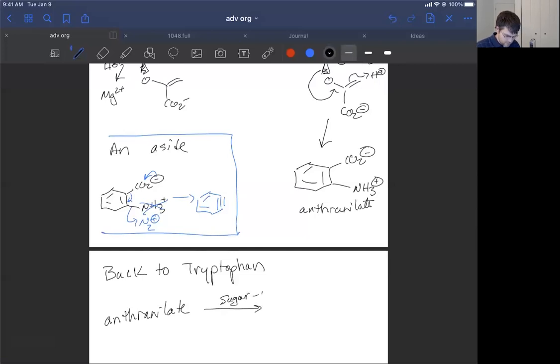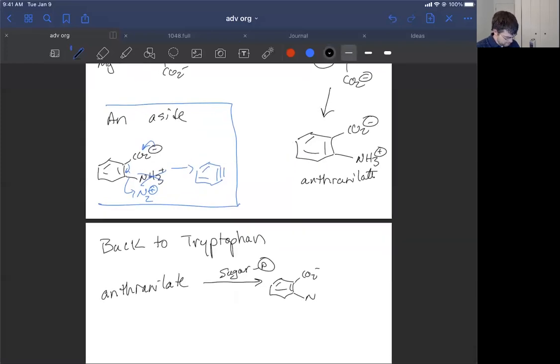I'm just going to write sugar phosphate here, because I don't always have the energy to draw all of the sugar intermediates. So I'll draw one.